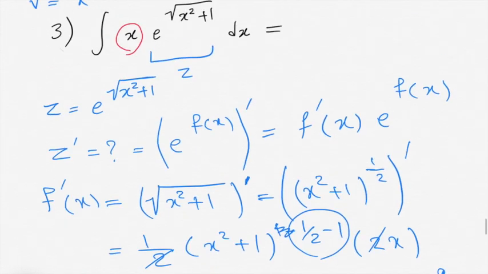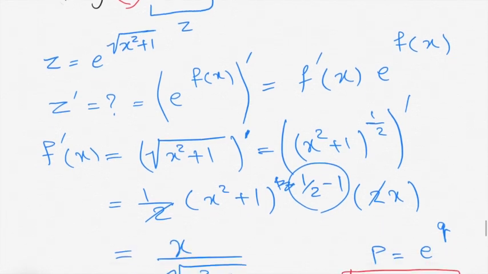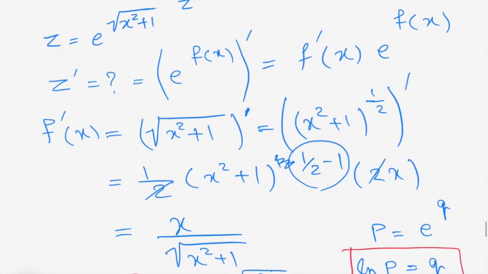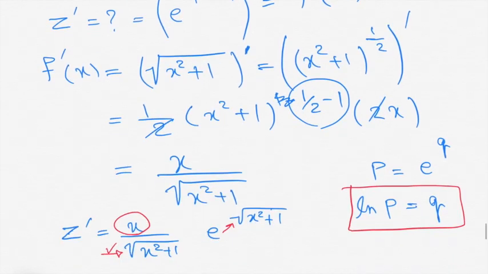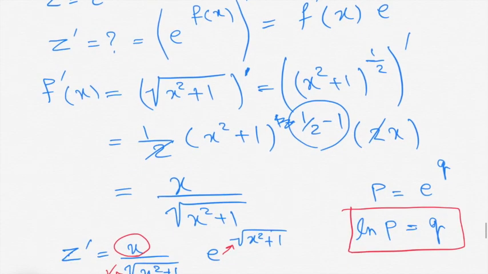We say, therefore, what was the integral xz dx, and ln of z will be equal to the square root of x2 plus 1, right? This is the ln of z.